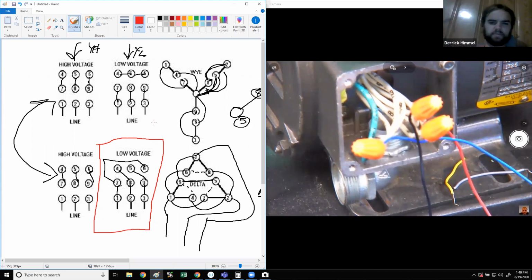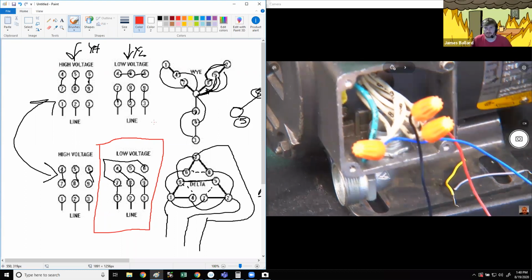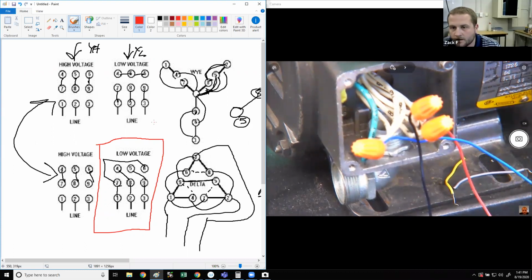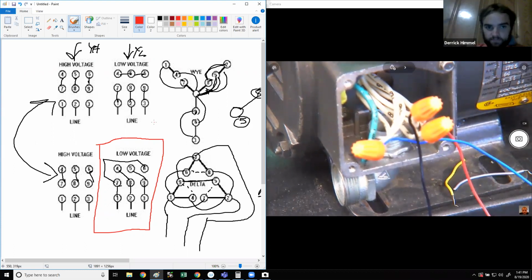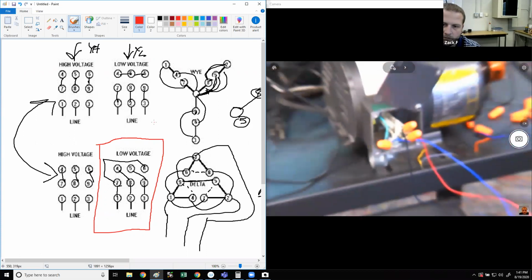Hey, Zach. Yes. So how do you know which way that motor's going to spin? You don't. That's the fun part. Isn't there a thing on the front that shows like an arrow for rotation on some of them? No. Do you know why? Because every application's different. That motor, let me zoom out. Whoa.